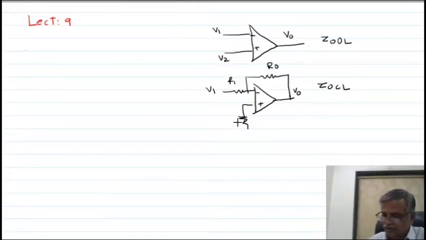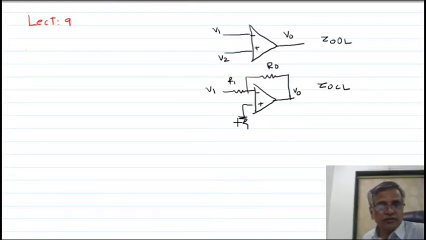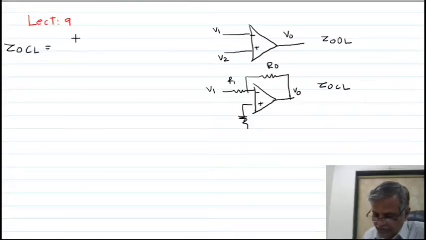This is your ground line. So in a closed loop, output impedance is reduced, and you can calculate output impedance for a closed loop operation by this equation.